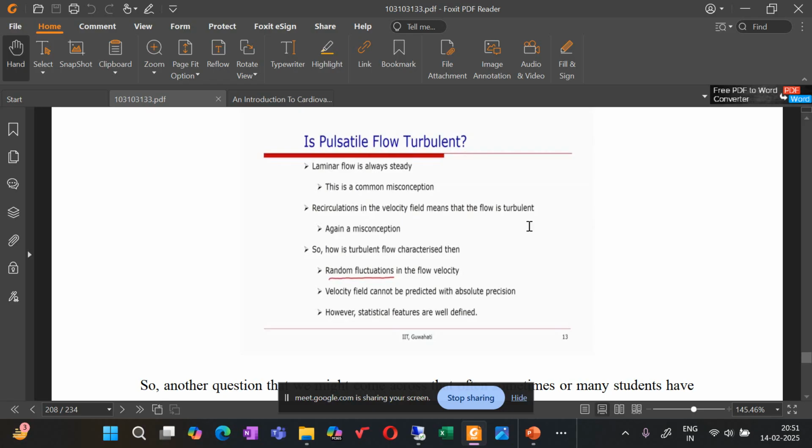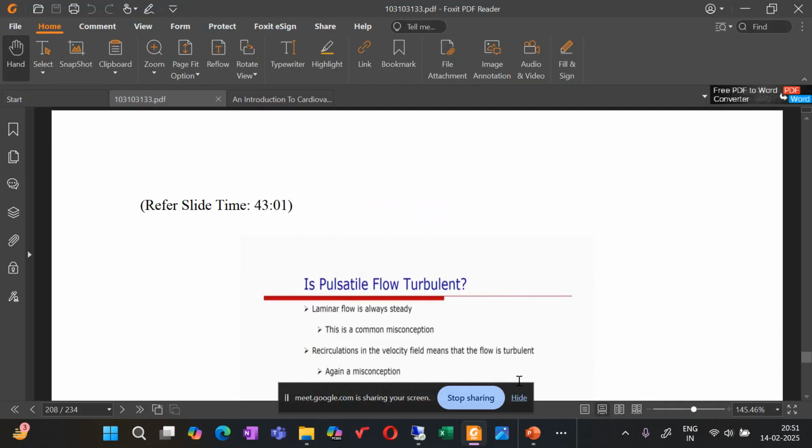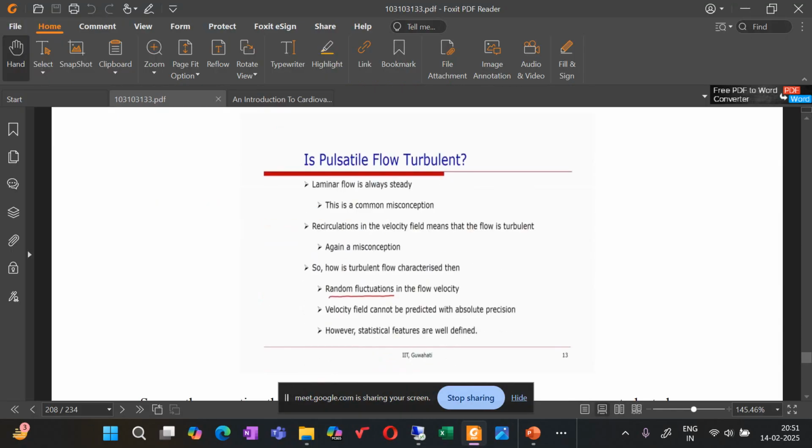So this I was saying. In the pulsatile case, is the pulsatile flow turbulent? There are some misconceptions. First, laminar flow is always steady. This is a common misconception. No, laminar flow can be unsteady. This point is important. Then, recirculation in the velocity field means that the flow is turbulent.